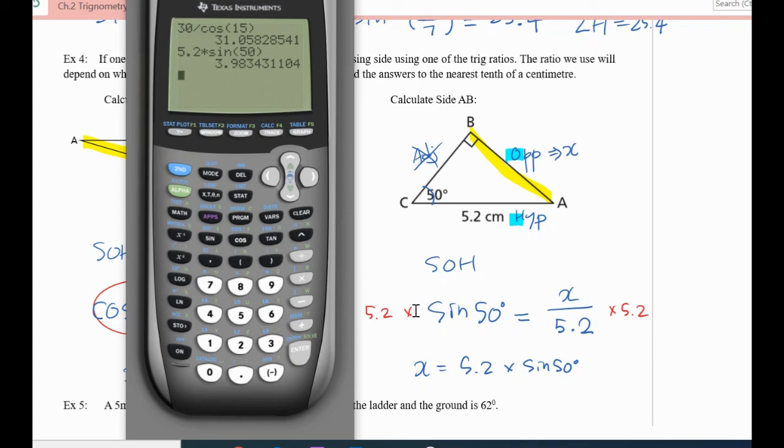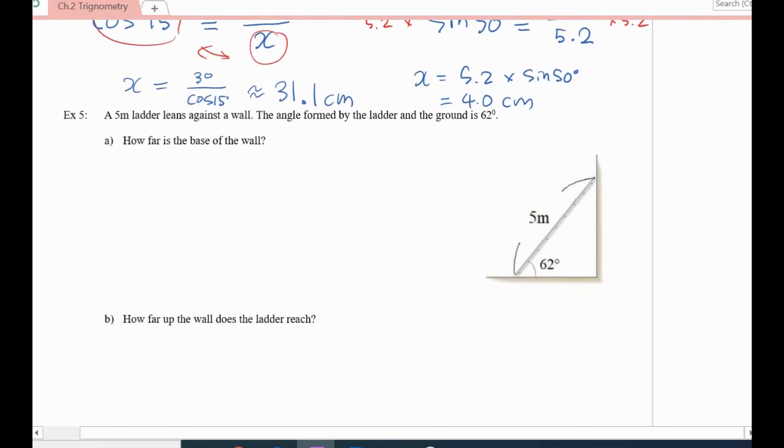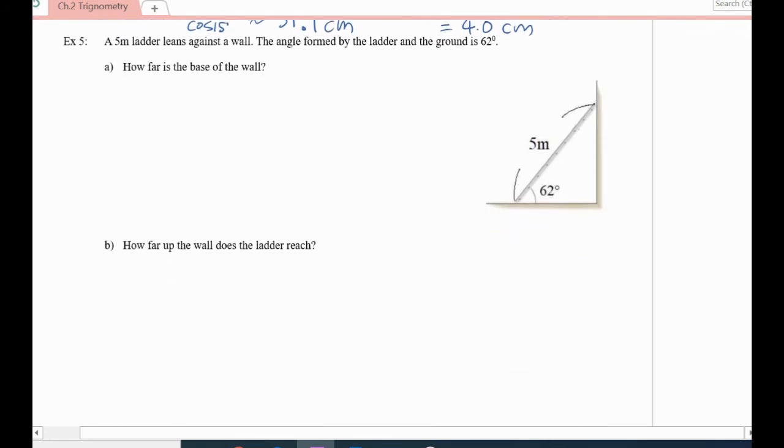And that is 3.98. If you round it to one decimal, it becomes 4.0. So x is 4.0 centimeters. Therefore, this AB is 31.1 centimeters, and this AB is 4.0 centimeters. So this is the answer. Let's move on to the next question.